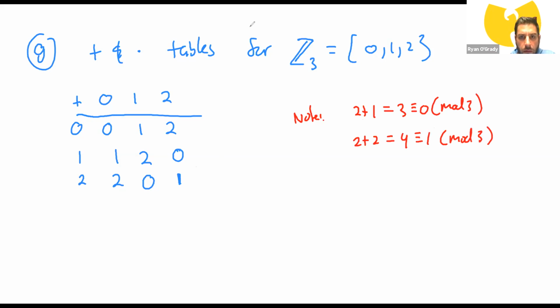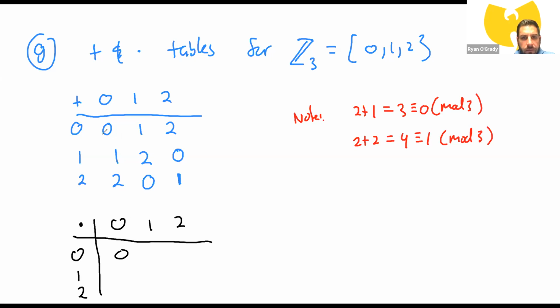Now, the same thing goes for multiplication. If I'm going to ask myself what happens when I multiply the numbers of my set to each other, 0 times 0 is 0. And there's lots of cool things to be thinking about here.